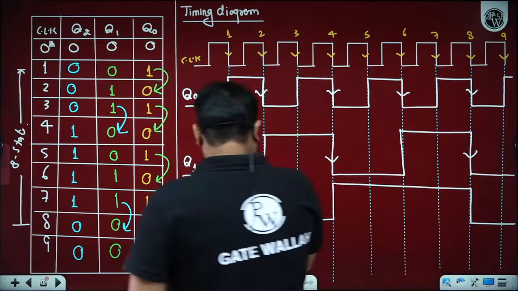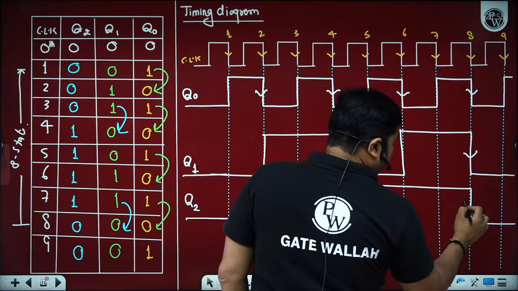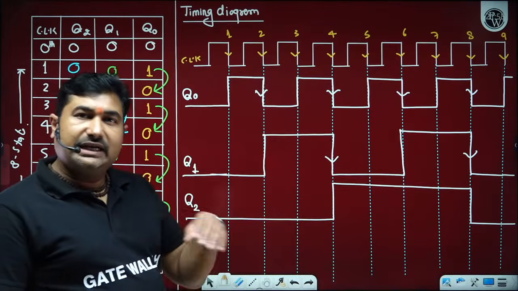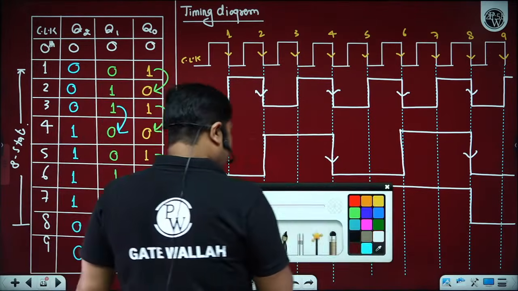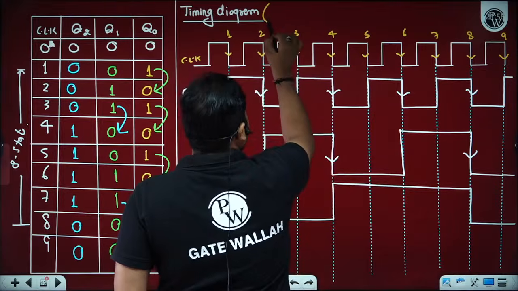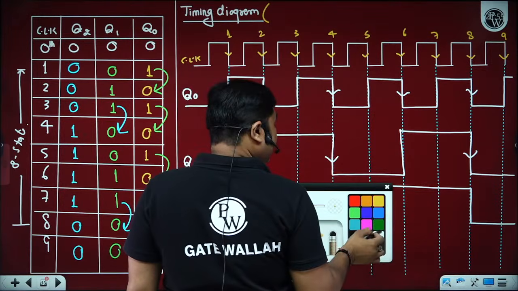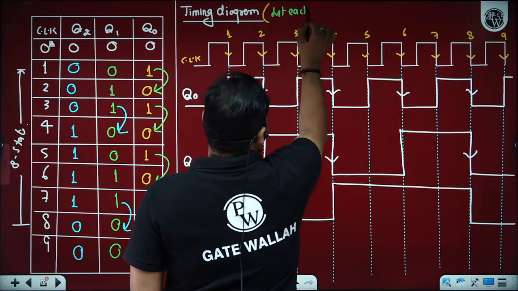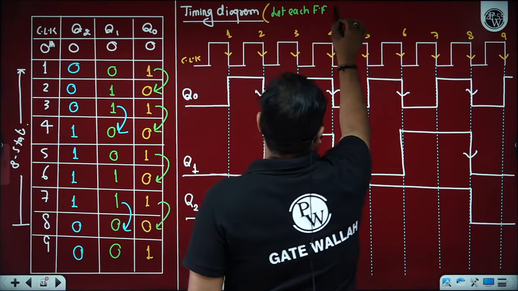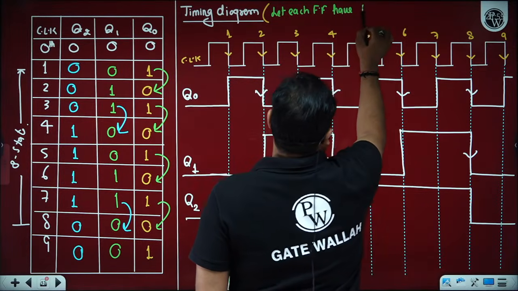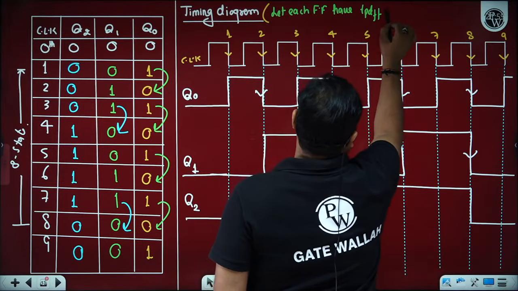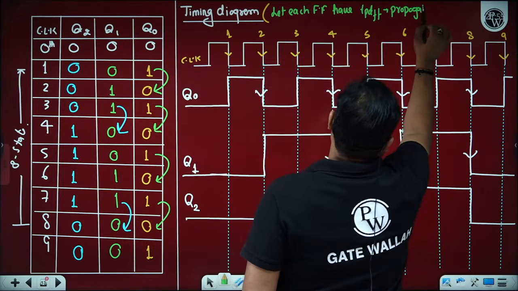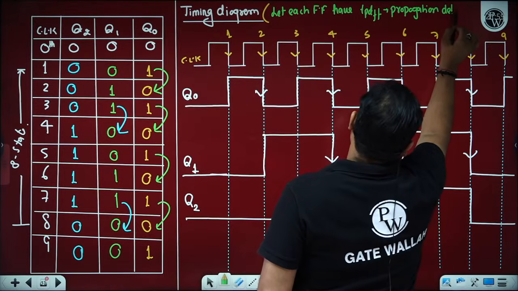Okay. So now please observe Q2. If we talk about Q2, Q2 is changing its level here. Presently, I have neglected the propagation delay, but in an actual case, there is a propagation delay. Let each flip-flop have TPD-FF, propagation delay.